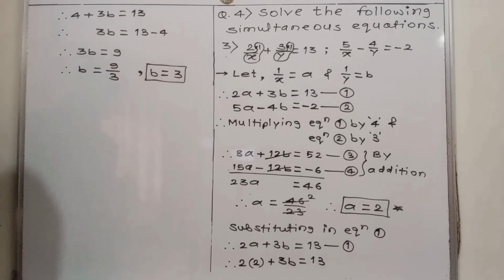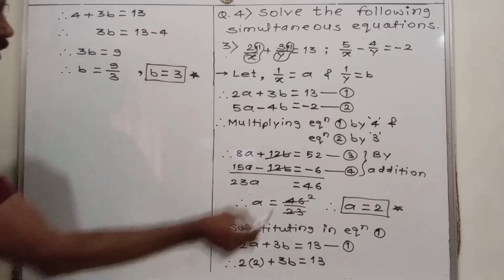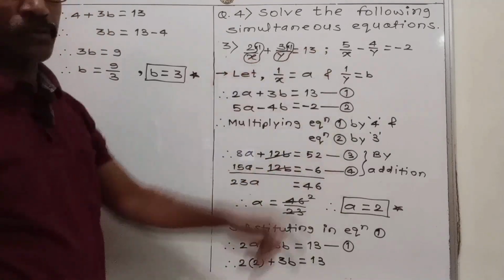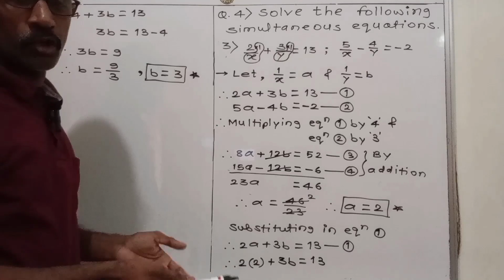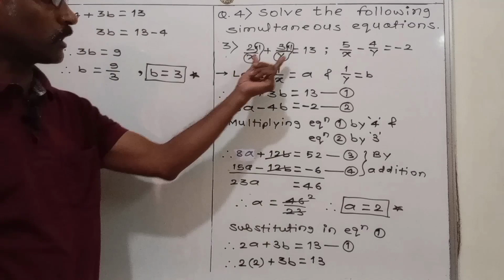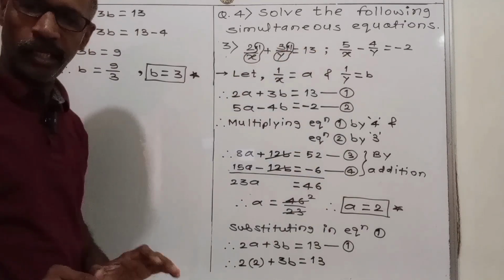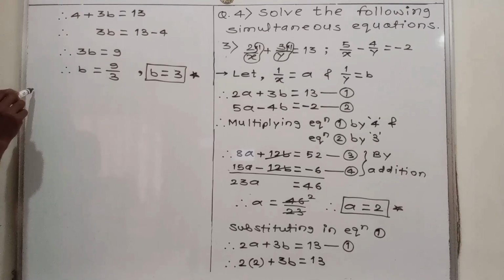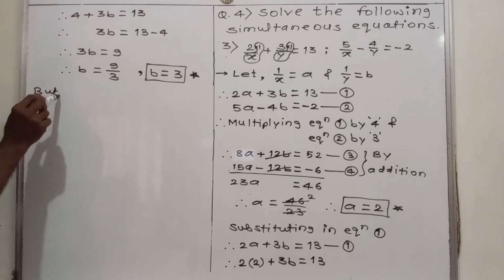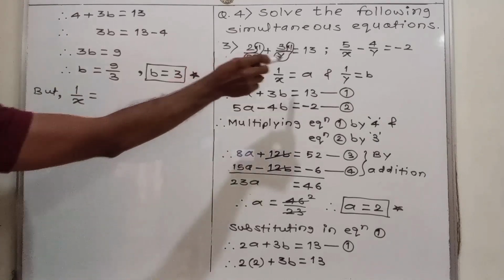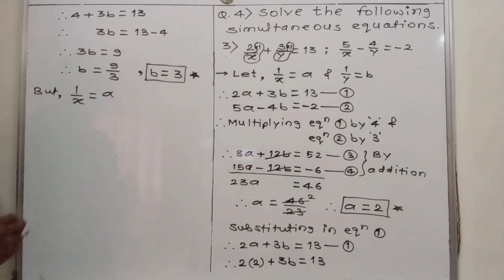Did you get it? These are the values of a and b, but we want the values of x and y, because these are the simultaneous linear equations in two variables, and those variables are x and y, not a and b. So we want values of x and y. Therefore, but 1 upon x is equal to a.